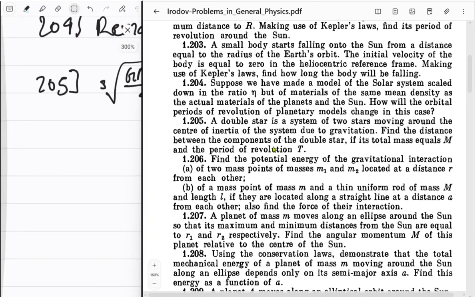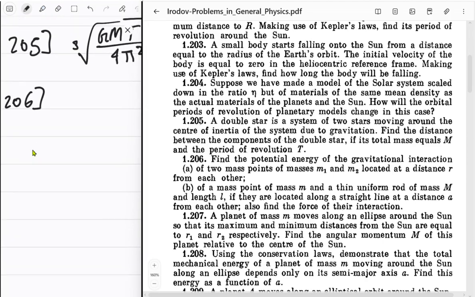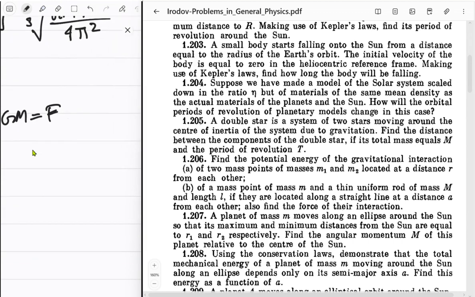Is this dimensionally correct? We don't have time to do that stuff. So yeah, next. Come on, why do I want to do this thing? Is this dimensionally correct or not? Okay, so G M m upon r squared, that's the force. So G M is just equal to the force times r squared upon the mass.